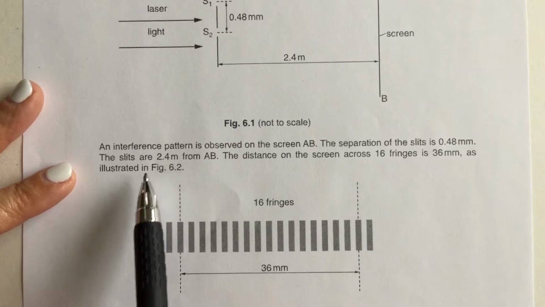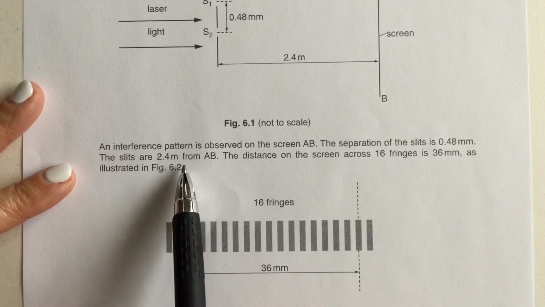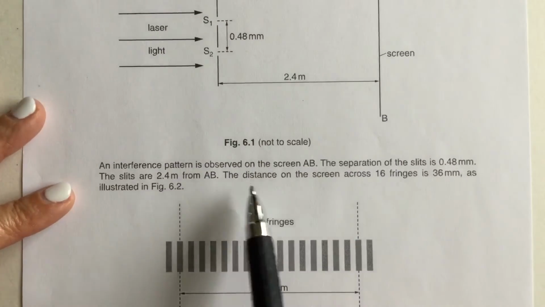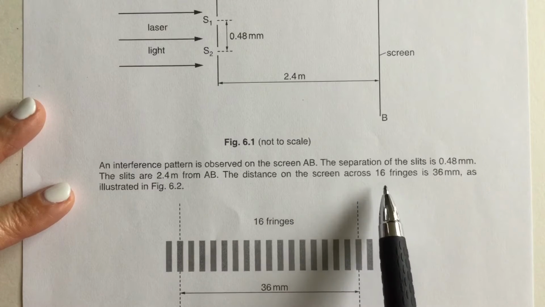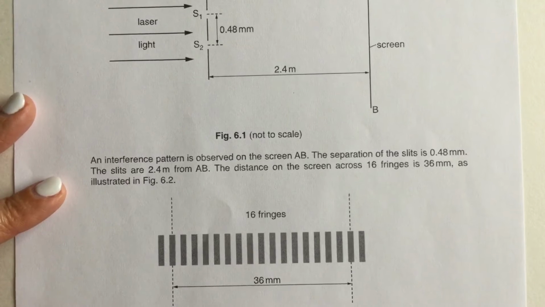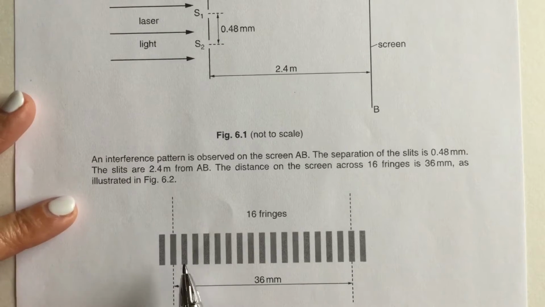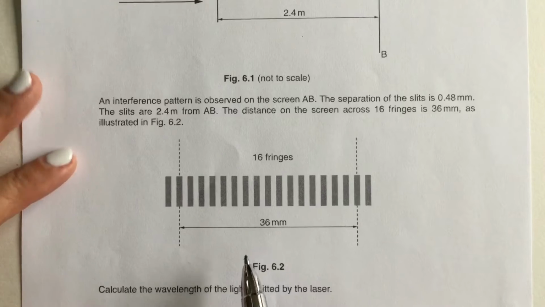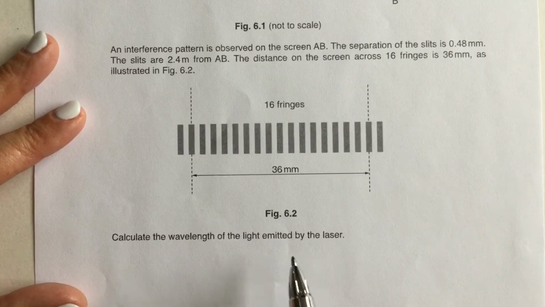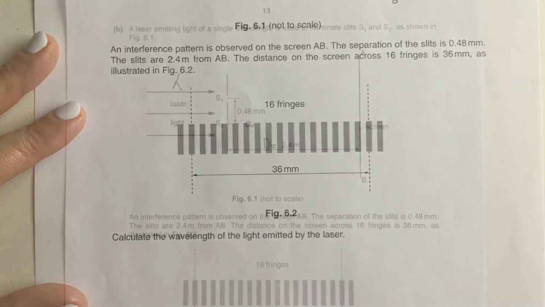The slits are 2.4 meters from AB, and the distance on the screen across 16 fringes is 36 millimeter, as illustrated in figure 6.2. Calculate the wavelength of the light emitted by the laser.